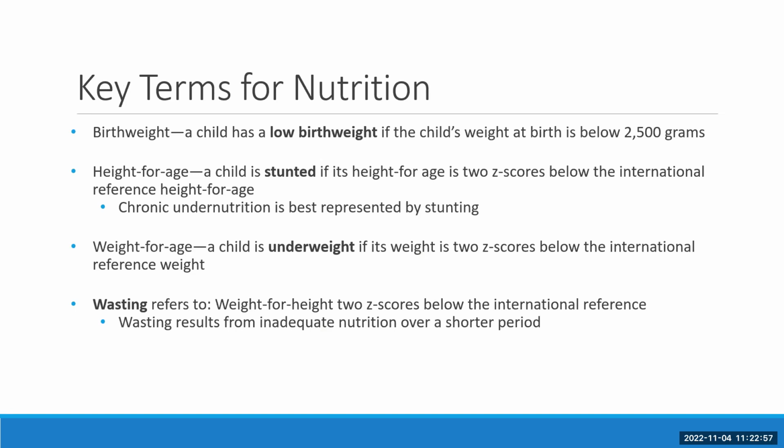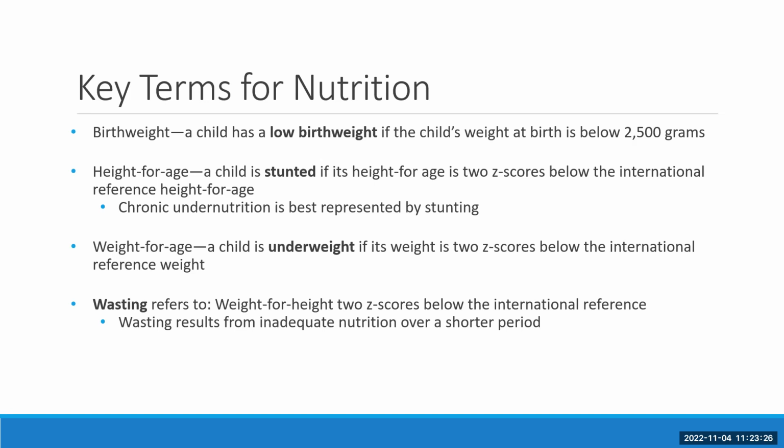So moving on to nutrition, there are a number of key terms that are used typically for us to gauge the health of a child and how we measure and identify children who are at risk for malnutrition. So those are listed here, the ones that I would focus on for the exam. Low birth weight is a child whose weight is below 2,500 grams.